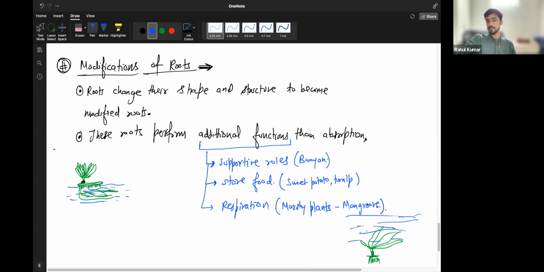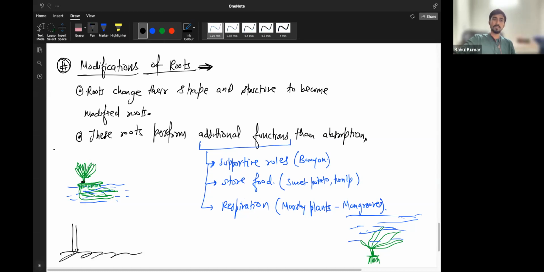So mangroves are plants which are actually submerged in water, like loose ground, water with soil. So it's very difficult to walk through that ground, okay? Because it's always flooded and half submerged. So what happens is these roots actually try to come out. So there'll be a plant and it's all marshy here.